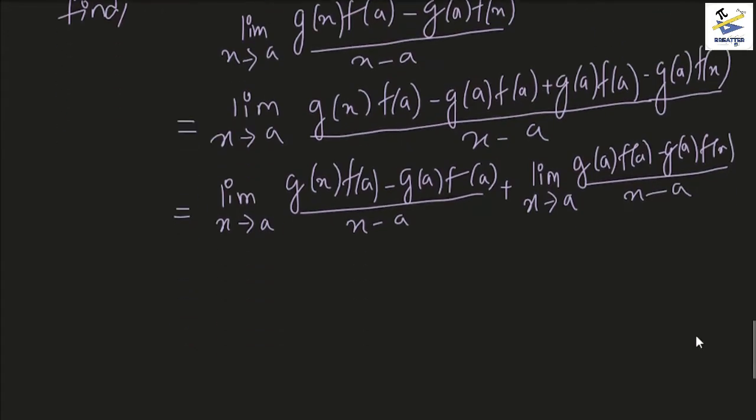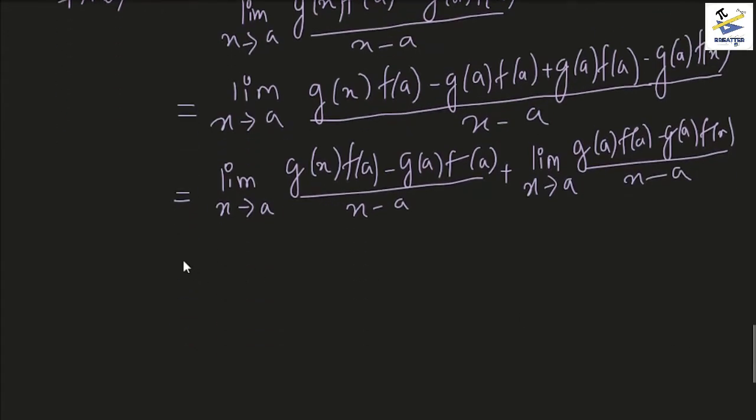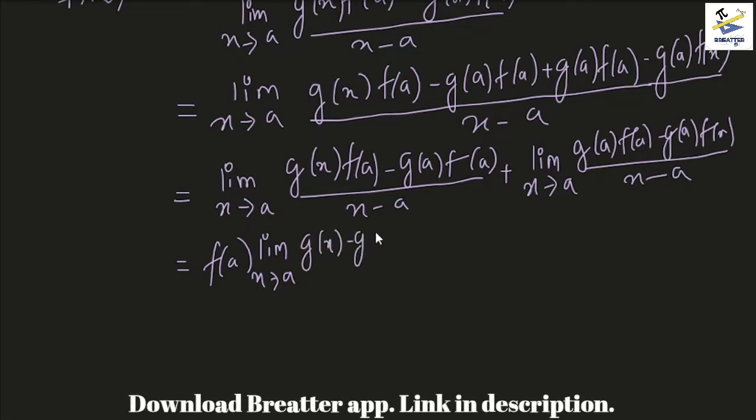right? Now what we can do is take the constant common, which is f(a), from the numerator, and we can write this as f(a) into the limit as x tends to a of (g(x) minus g(a)) by (x minus a).